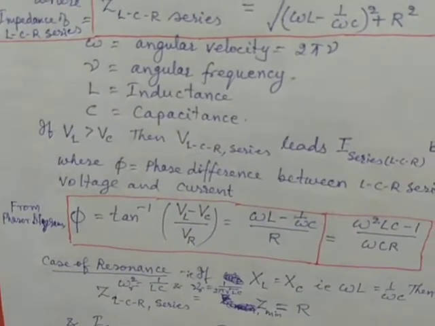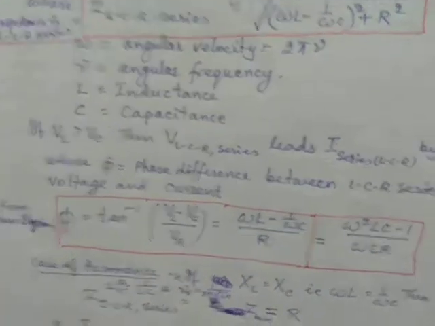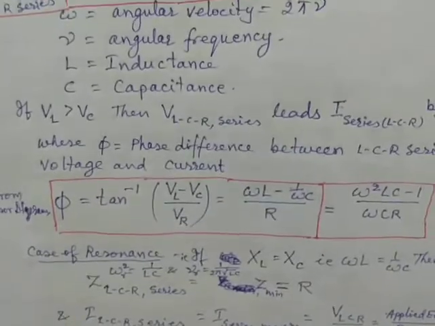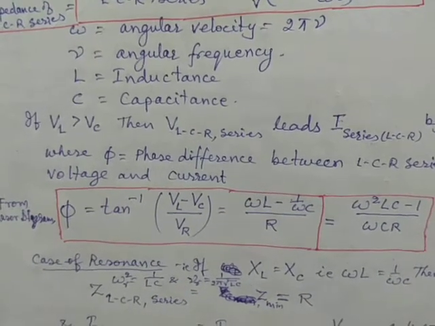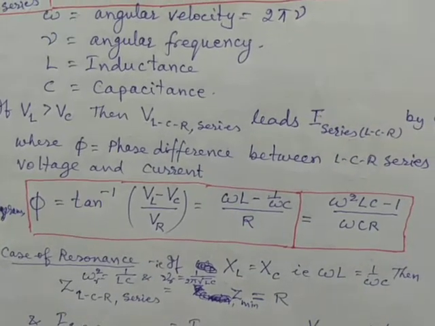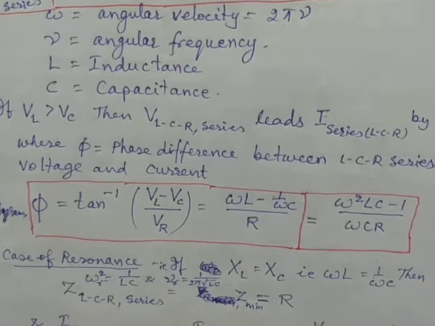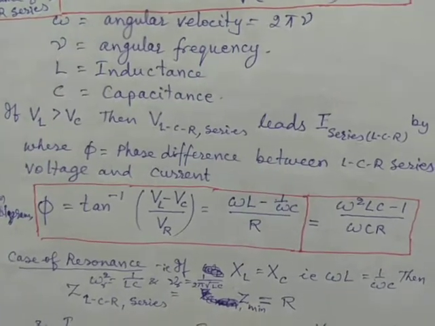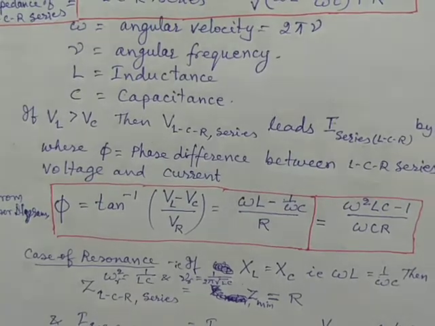And so the phase difference between the potential across the LCR circuit, that is the net voltage across the LCR circuit, and the current flowing through the LCR circuit is given by phi equal to tan inverse of VL minus VC by VR.